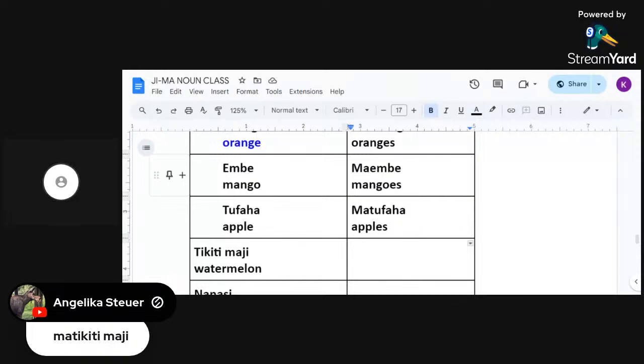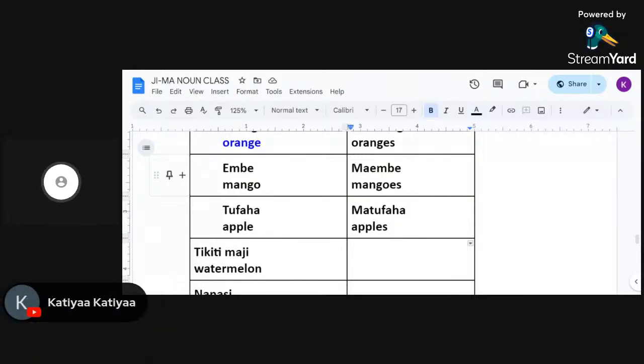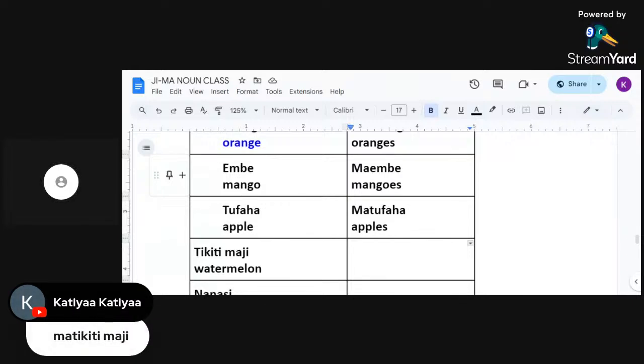This fruit's name is very confusing. Matikiti maji. Vizuri sana, asante. Dada Katia anasema matikiti maji. Watermelons.